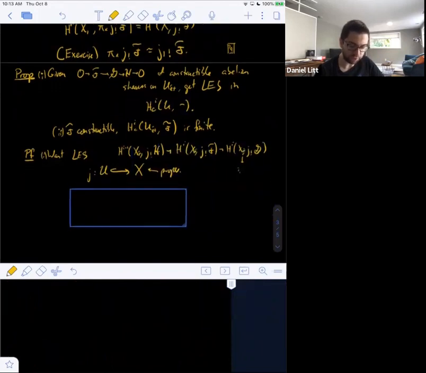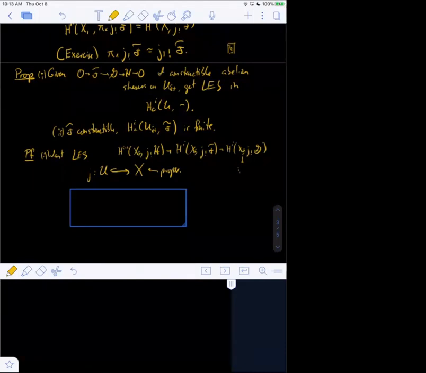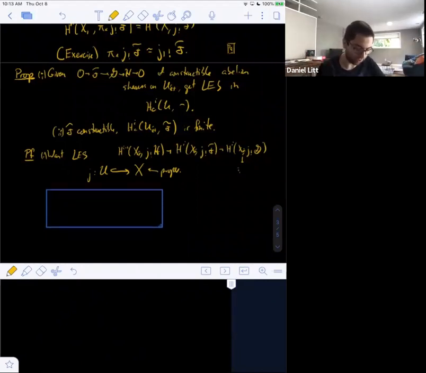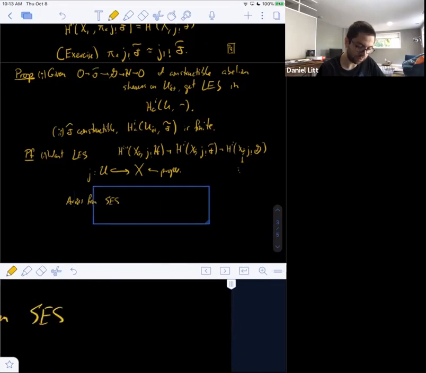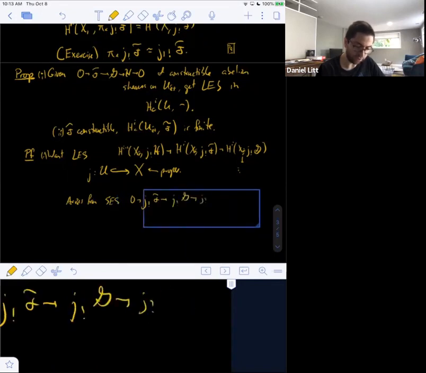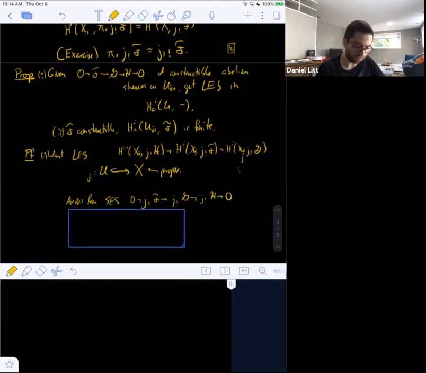So what do we need to get that sort of thing? Or what at least would suffice? If j_! was exact. Yeah, and we already proved that last time, I think. So this arises from the short exact sequence 0 to j_!F to j_!G to j_!H to 0, which is a short exact sequence because j_! is exact.